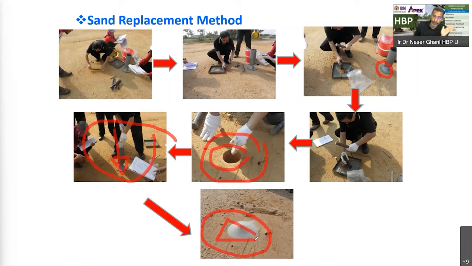This is the amount that we need to deduct from the total amount of sand that goes into the hole, that later on we will use in the formula to establish the volume of the hole. So that is how this sand replacement is done on site. Remember, the purpose is to establish the density of the soil that has been compacted on site.